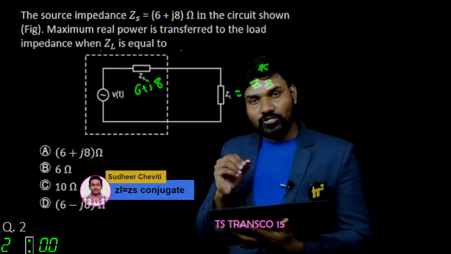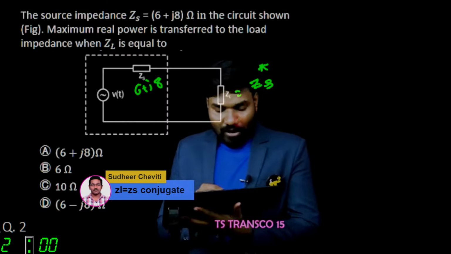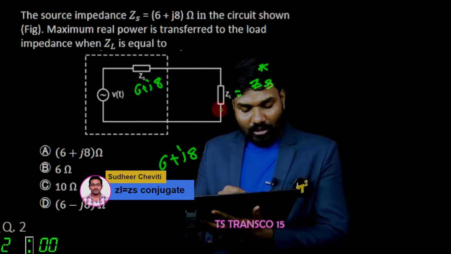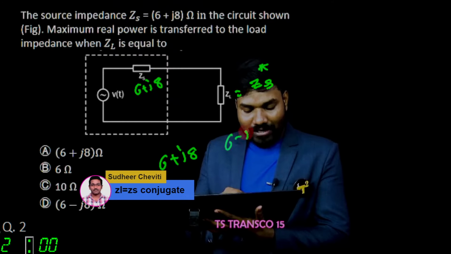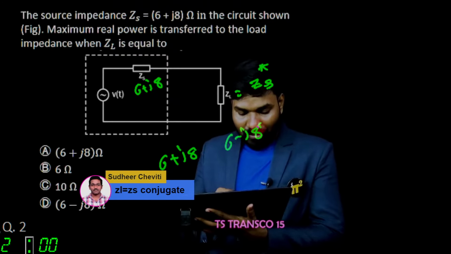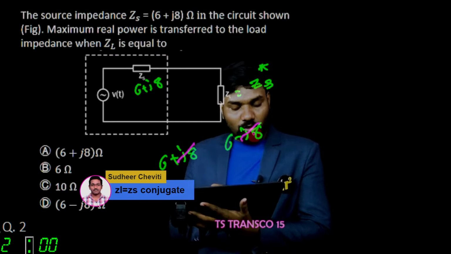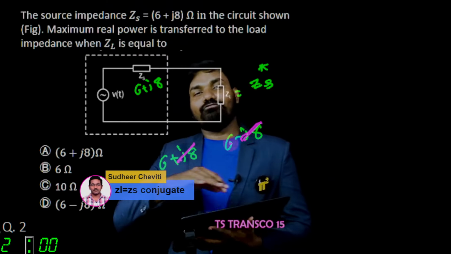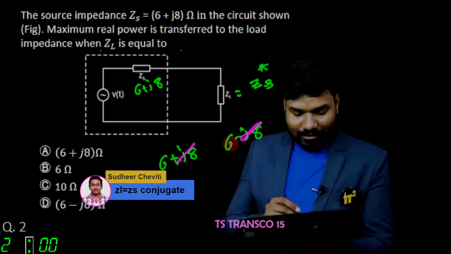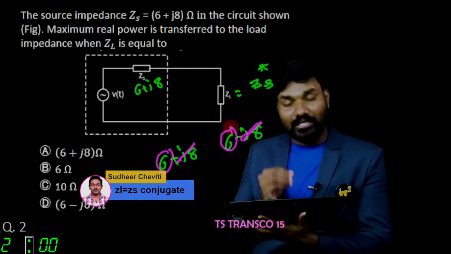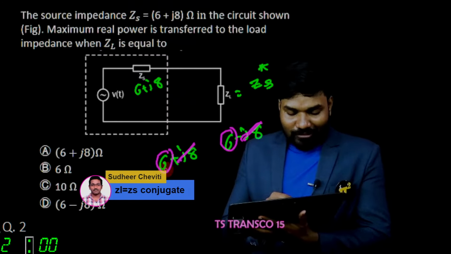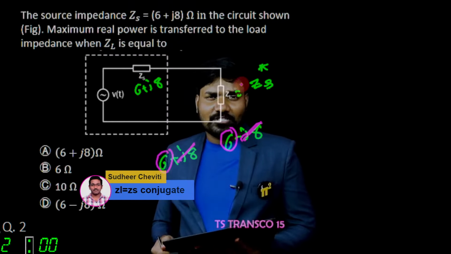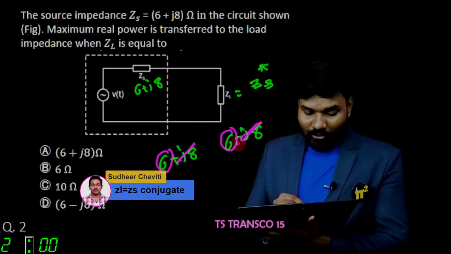If this is 6 plus j8, and this is 6 minus j8, then the plus j8 and minus j8 cancel directly. So there is no extra opposition offered by the inductance, only the resistance offers opposition. Now we know when this resistance value is equal to this resistance value, then real power transfer will be maximum. That is it. We got it.